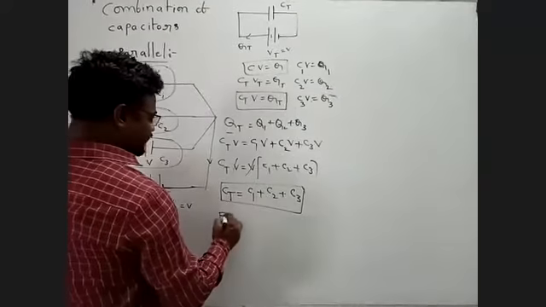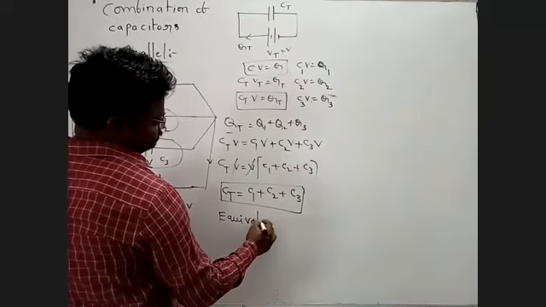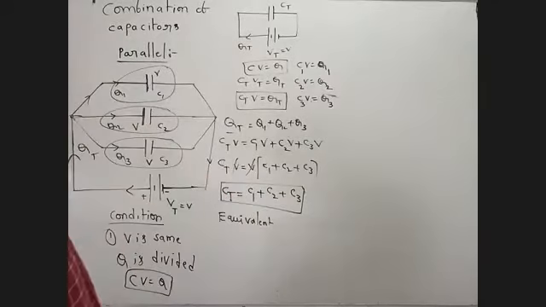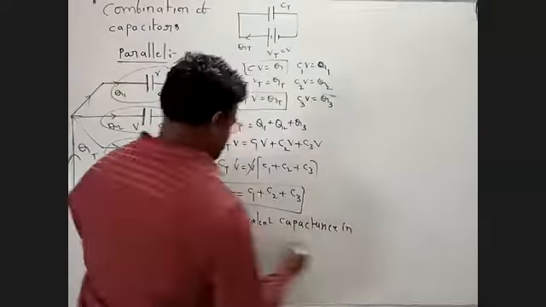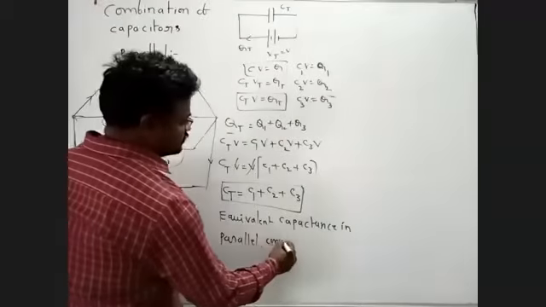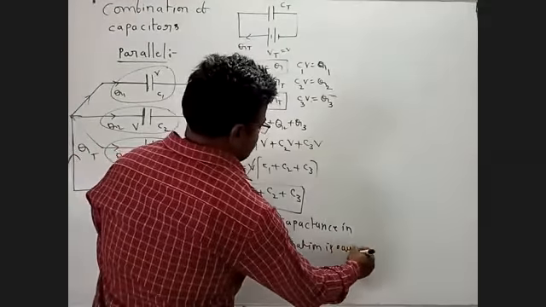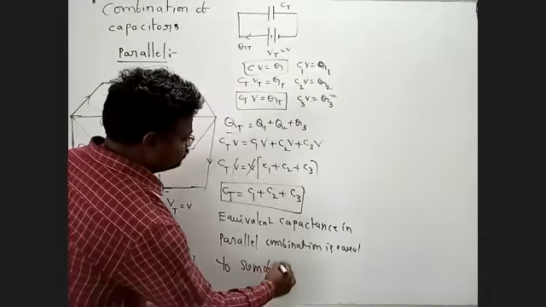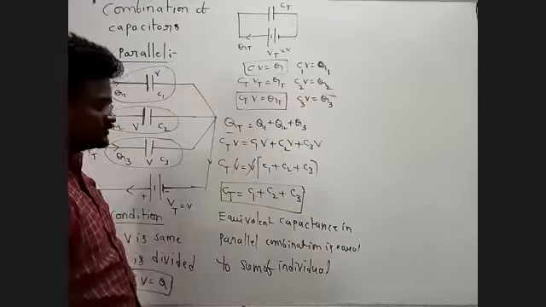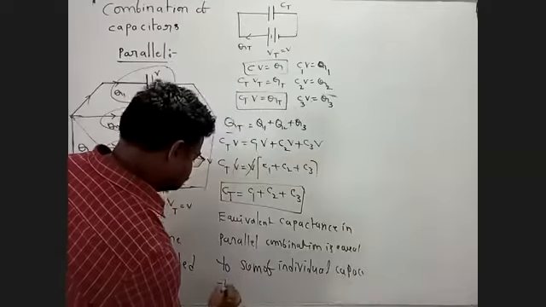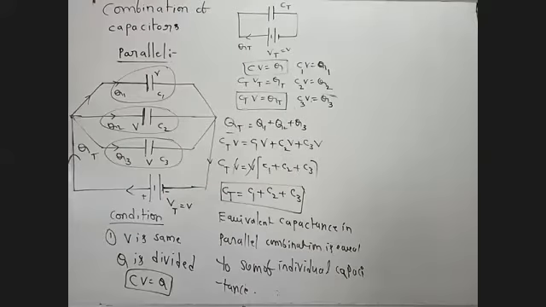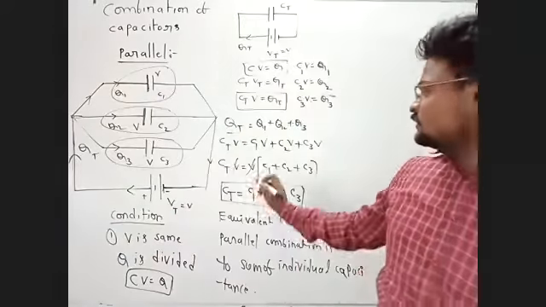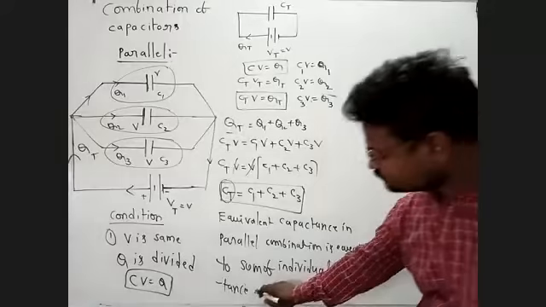The equivalent capacitance in a parallel combination is equal to the sum of the individual capacitances.